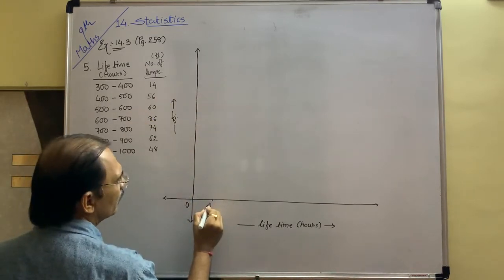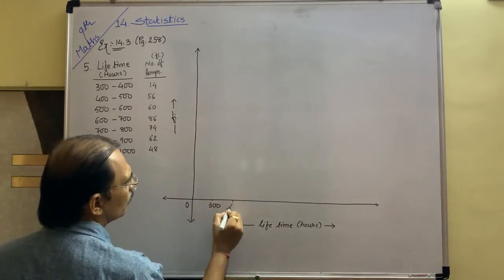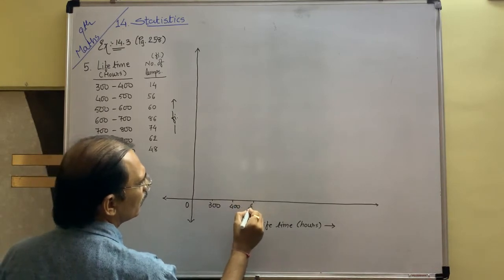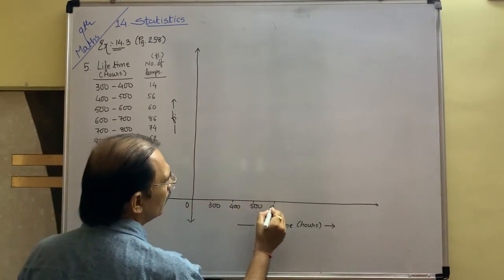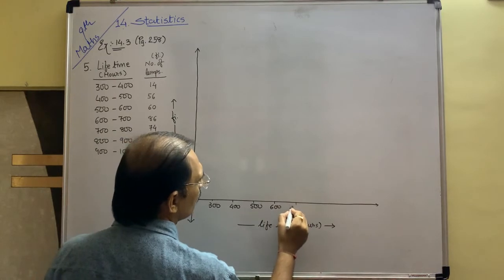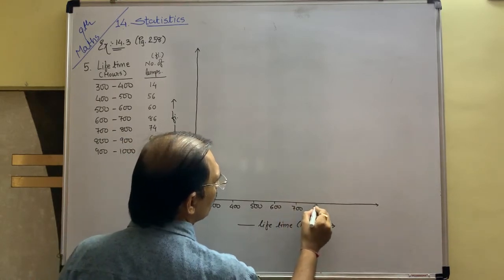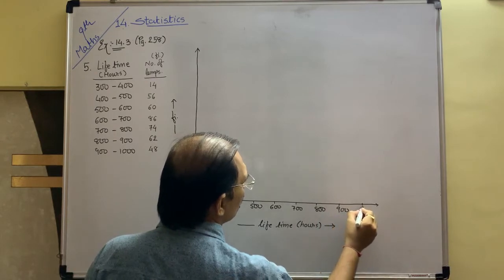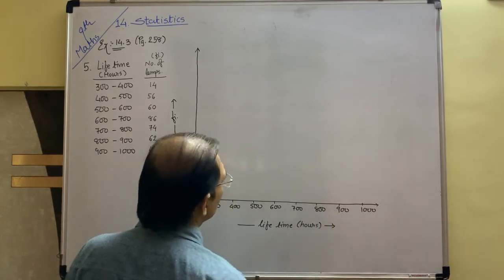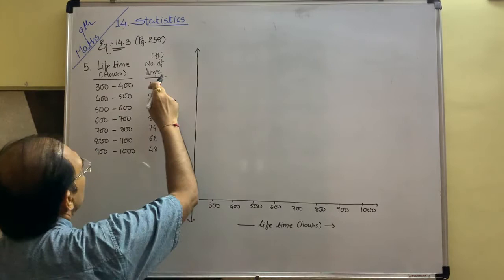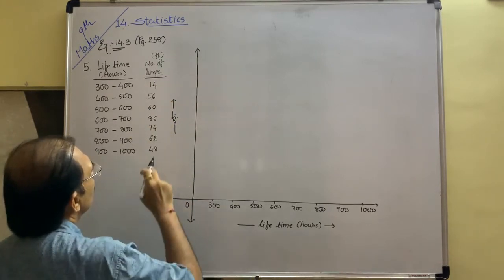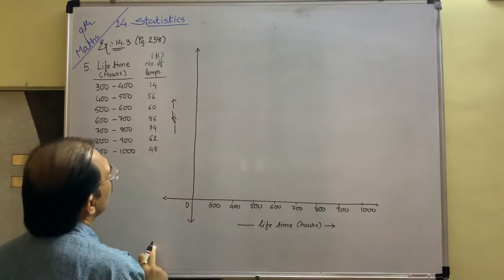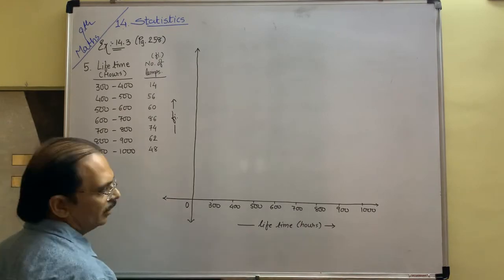Start with 300, 400, 500, 600, 700, 800, 900 and 1000. Now the minimum number is 14 and the maximum number is 86, so we have to move up to 90.